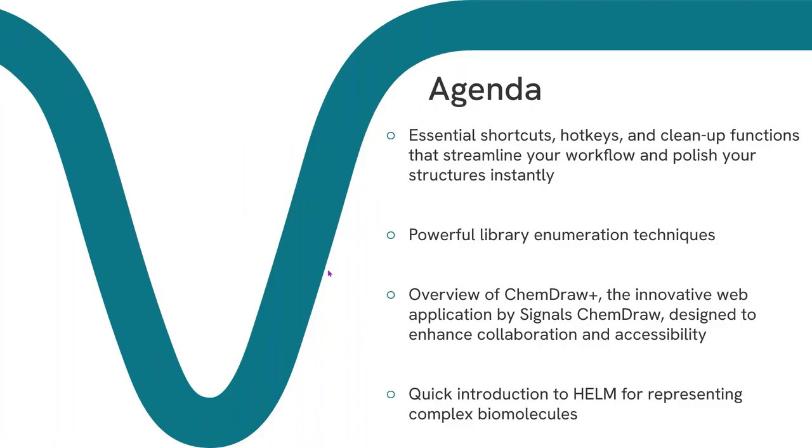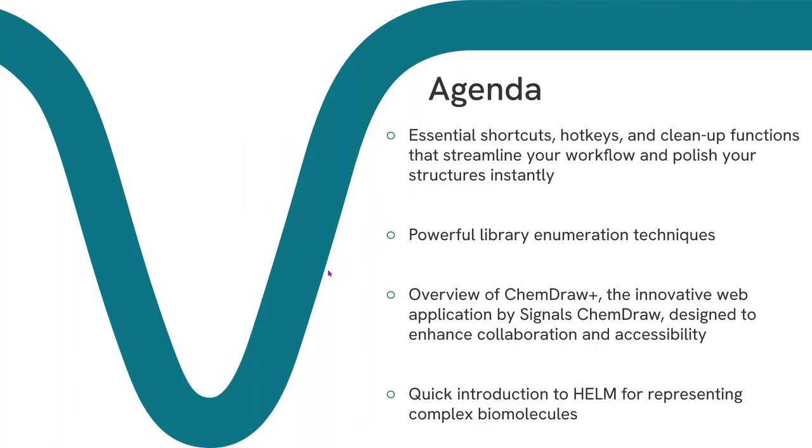Then we'll switch over into the other half of the Signals ChemDraw platform. Signals ChemDraw is composed of ChemDraw desktop as well as ChemDraw Plus, which is our cloud-based web interface for drawing and editing chemical structures. We'll look at some of what we're building out in that interface and exciting new things.